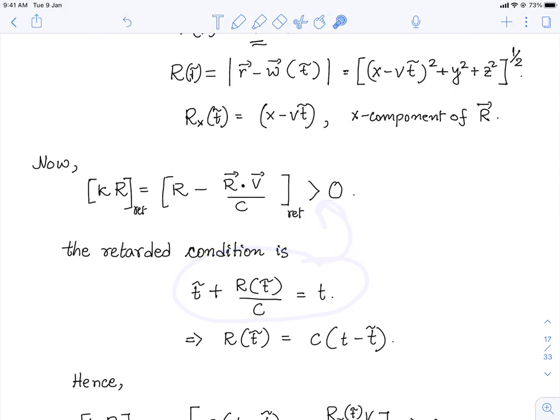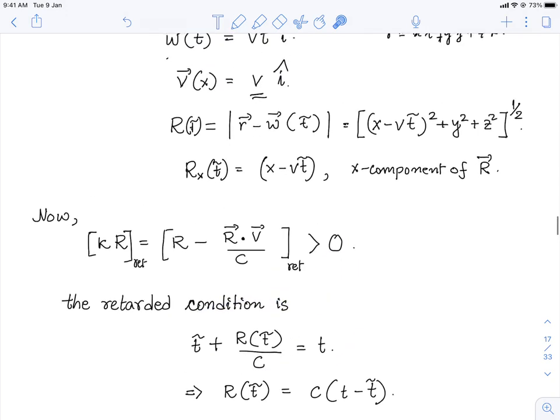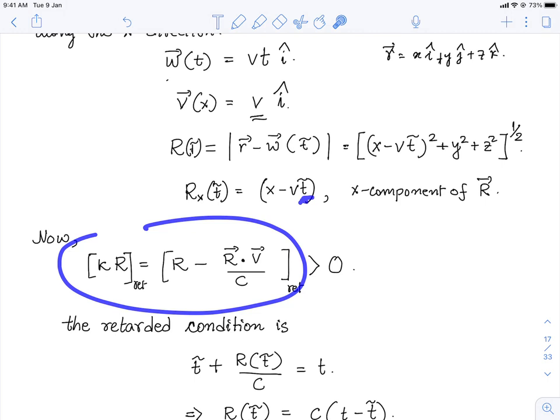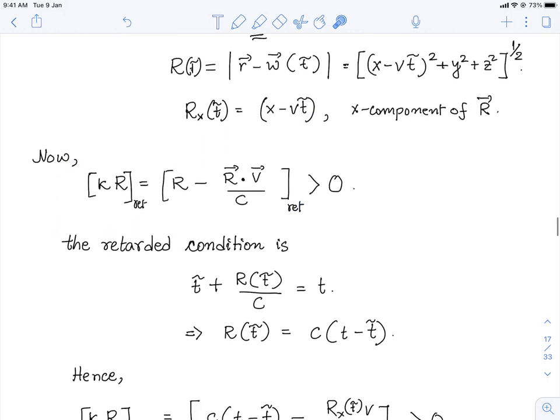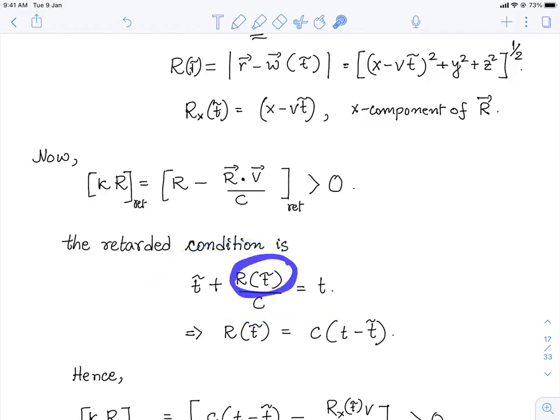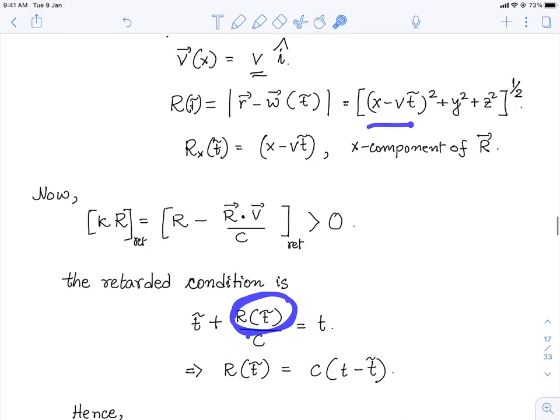Here we know the players, because we know what r is, what v is, and what w is. So we know everything here as a function of time t tilde. Our objective is to solve this equation and plug it back into here. We also know this object because we know what this r is. So we know everything and we just need to do the algebra.